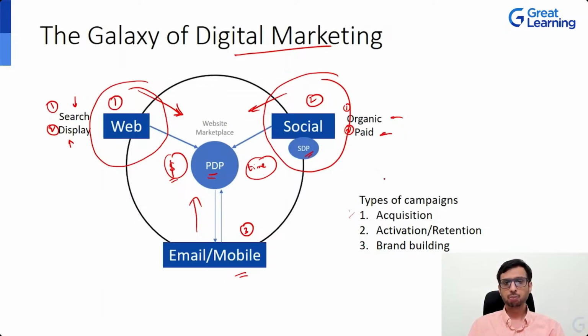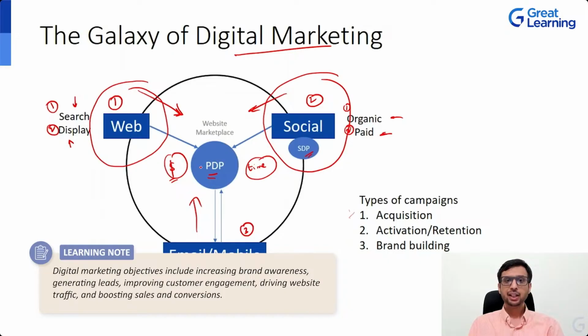Now, this is a very broad, overarching view of the entire landscape of digital marketing, and it makes very good sense for you to keep this whole structure in mind, because there is going to be a lot of detail that will come your way. Having this one broad picture of what the actual objective of digital marketing is, given that you're already fixed about the value that your primary digital property has to offer.